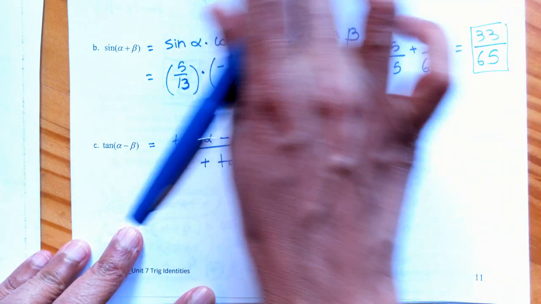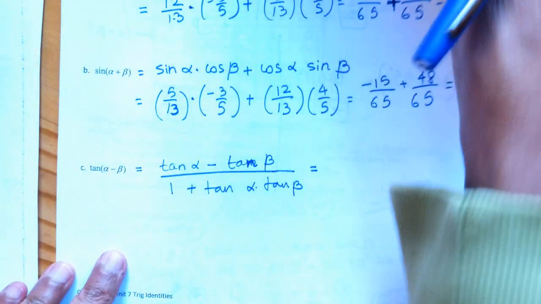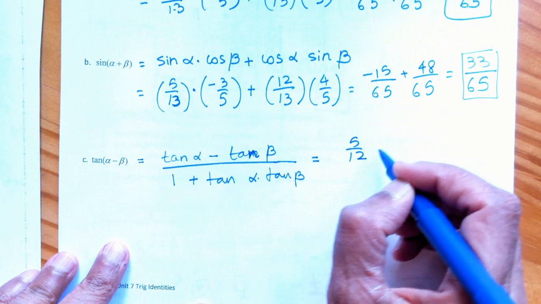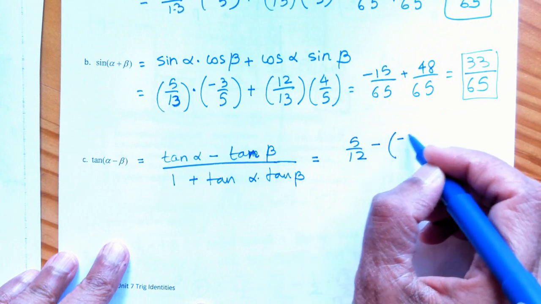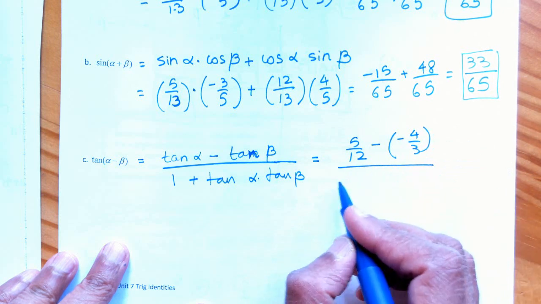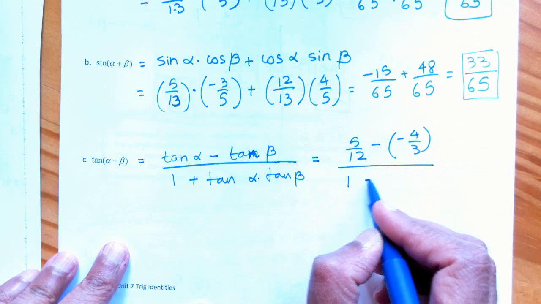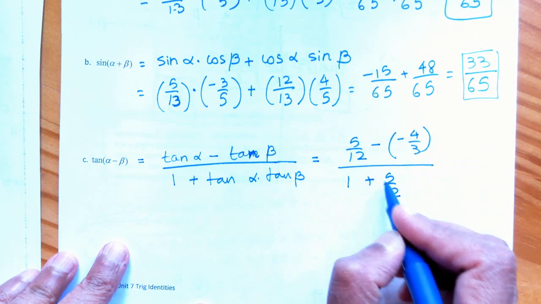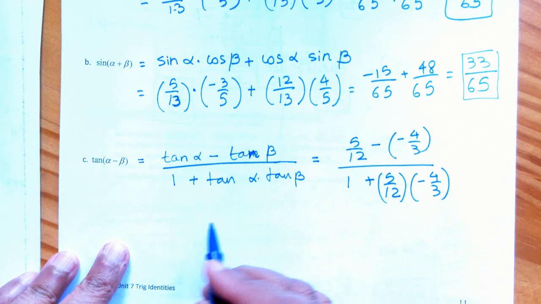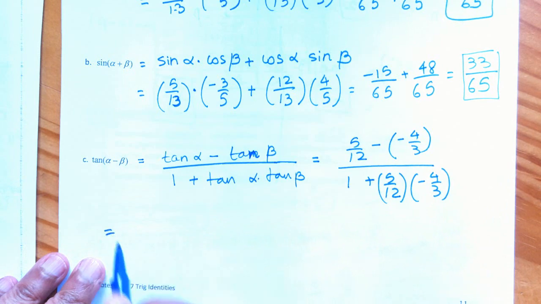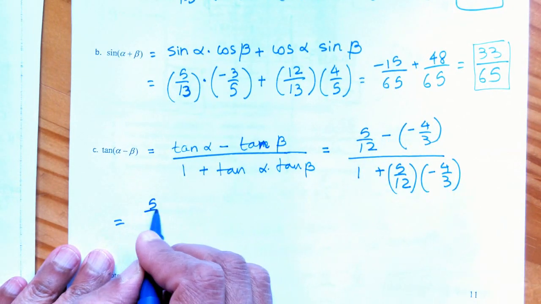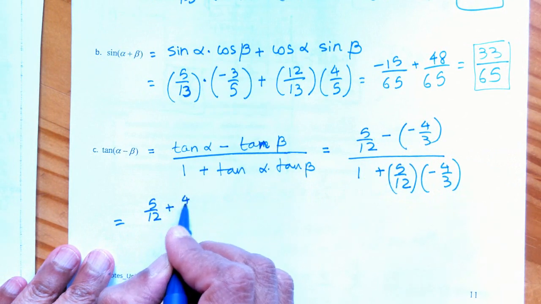Substituting now from my tan values for alpha and beta. So tan alpha is... Okay, I'm going to keep working on this. So this is nothing but, I'm just rewriting it.